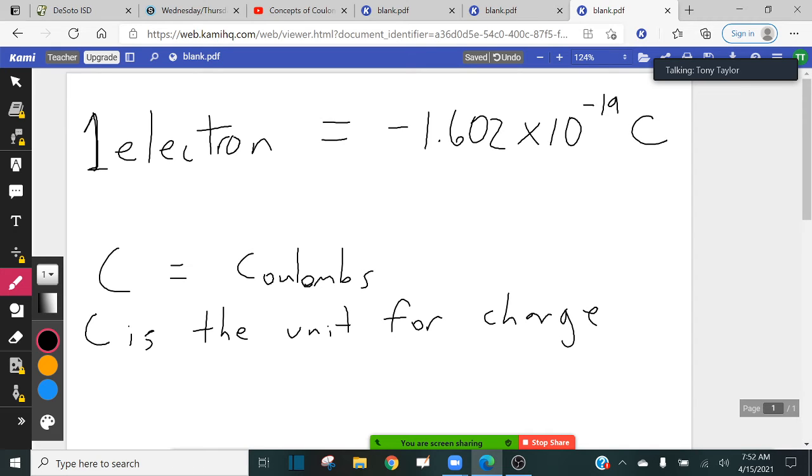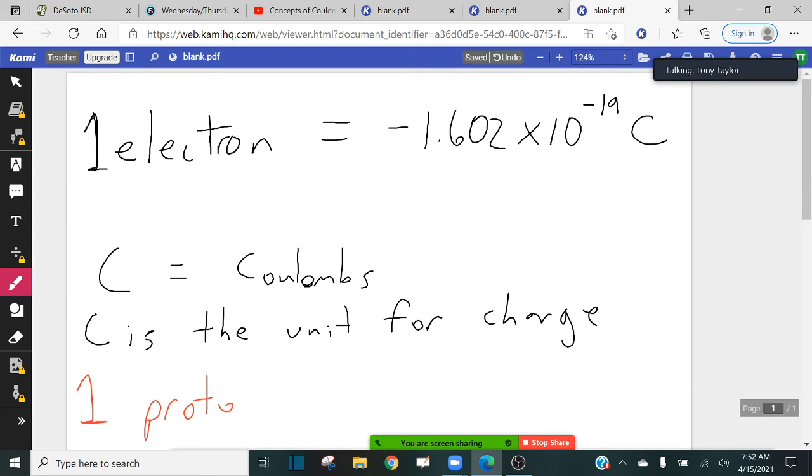So one electron has a charge of negative 1.602 times 10 to the negative 19 coulombs. That means one proton, a single proton, has a charge of positive 1.602 times 10 to the negative 19 coulombs.